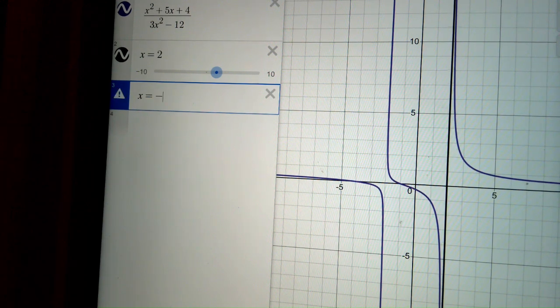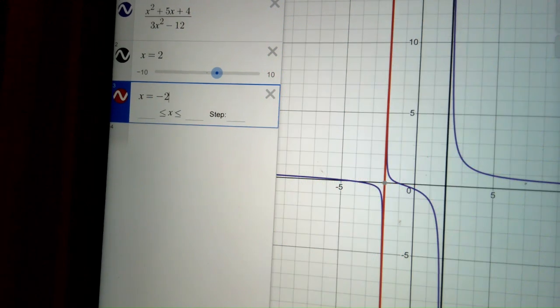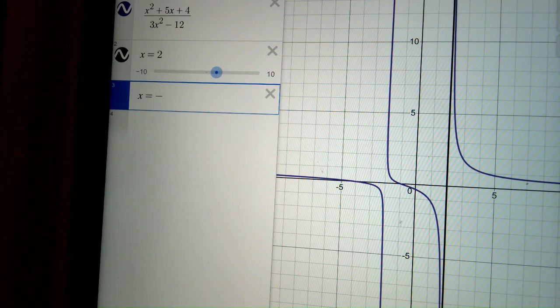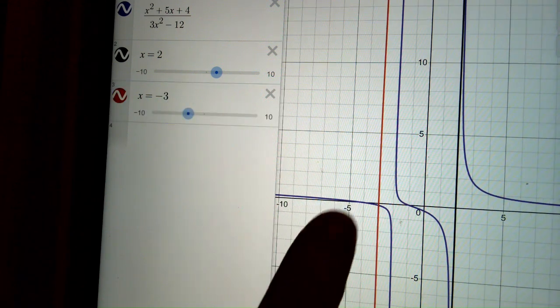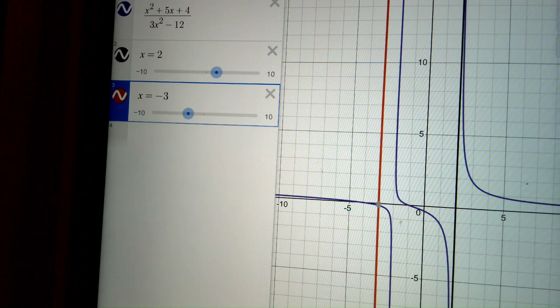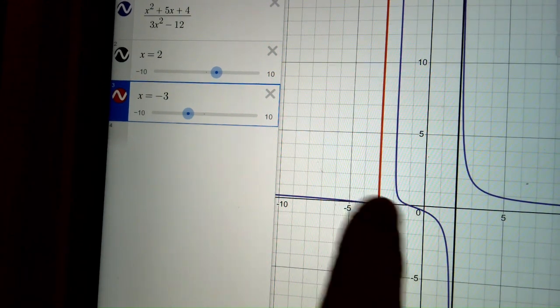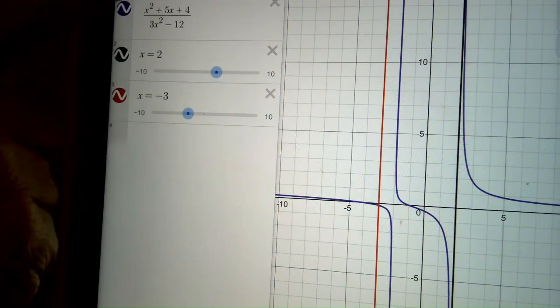X equals negative 2, definitely the other vertical asymptote. If you had put in the wrong number, like let's say you'd had 3, see how it just cuts through? It doesn't look like it's cutting between the two shapes, it's crossing in a random spot.